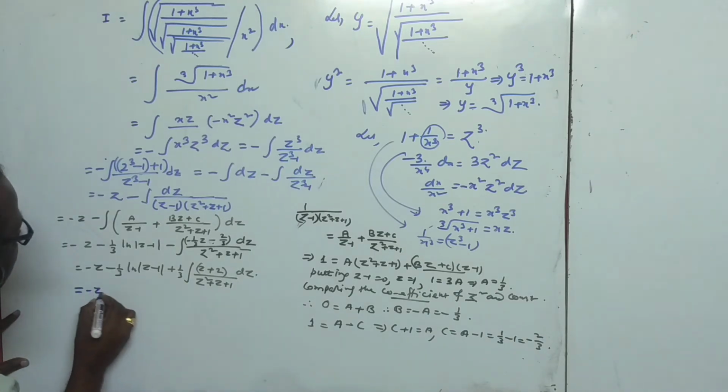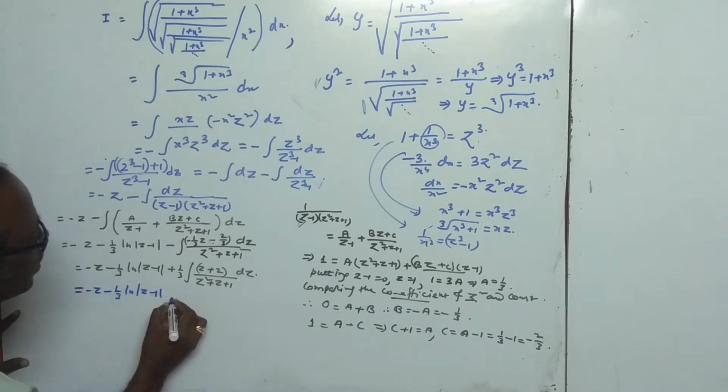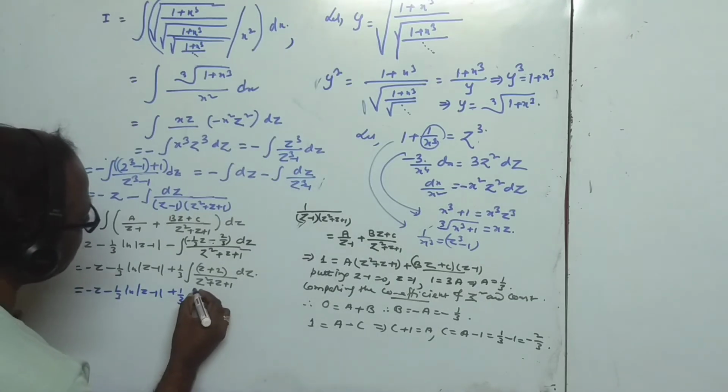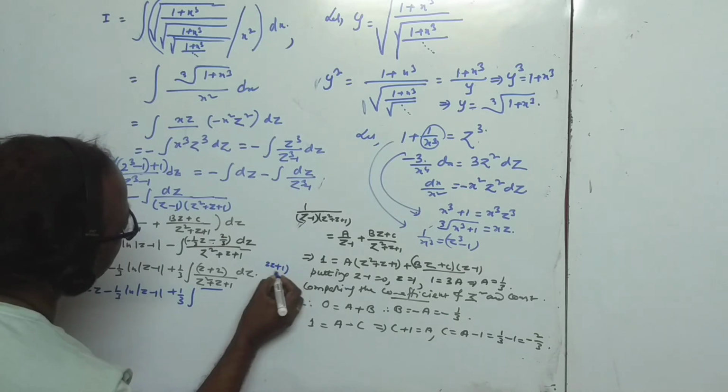So minus z minus 1/3 ln z minus 1 plus 1/3. If we differentiate this, we get 2z plus 1 here.